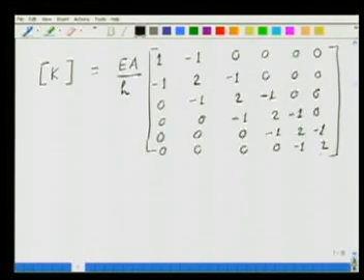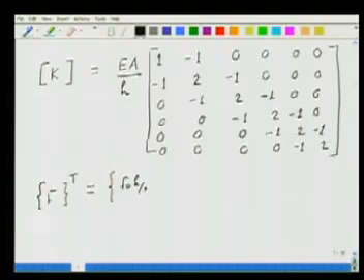This is the matrix K. What is my F? F, as we had said, is the unmodified F, that is before applying the boundary condition. So I will write the transpose of F so that things are easily written.